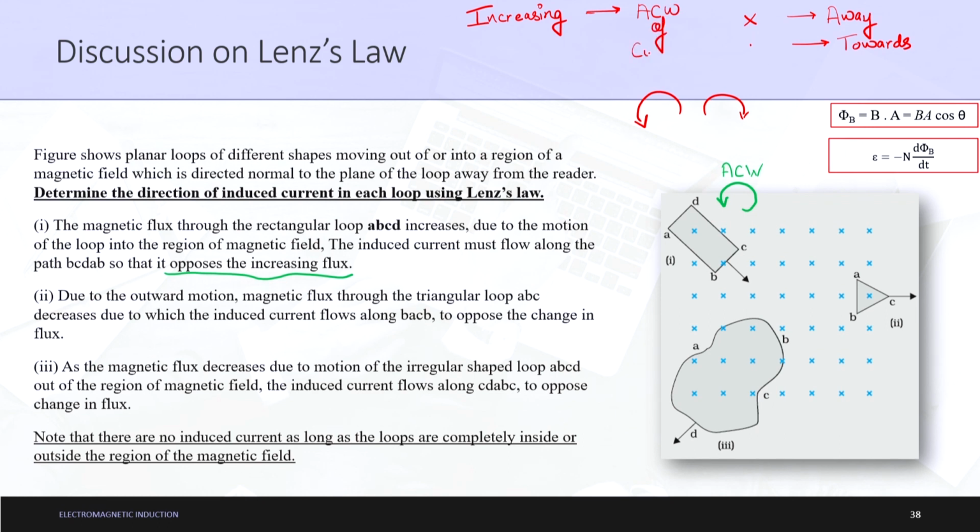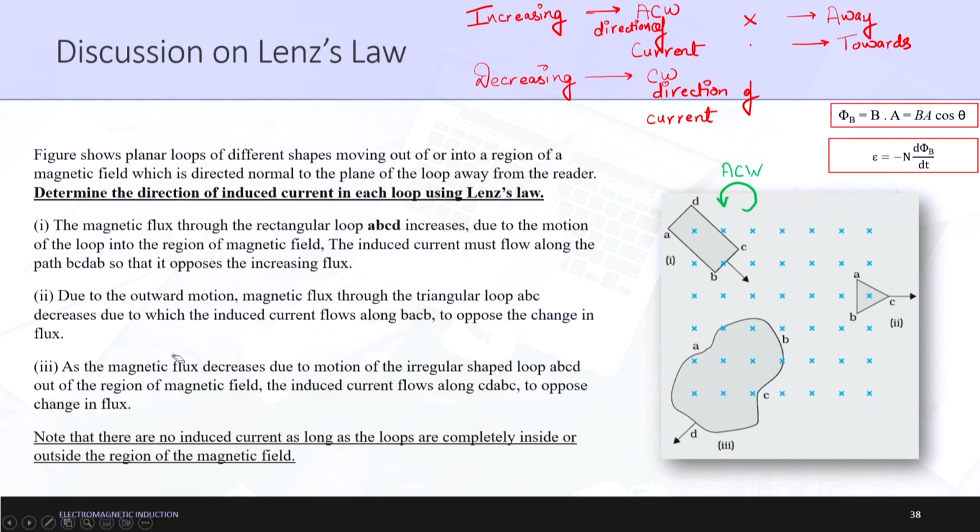And if the flux is decreasing, then it will be a clockwise direction of current. Okay, let us move on to the next point.